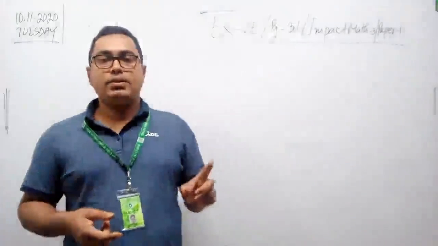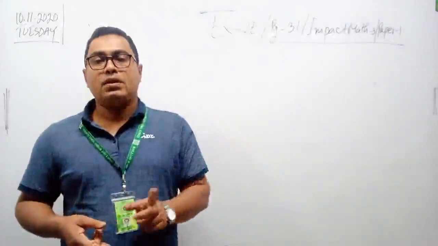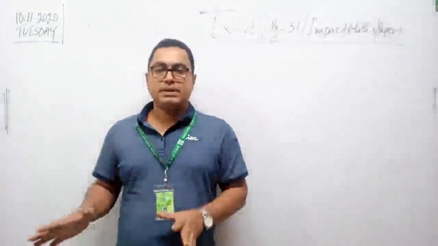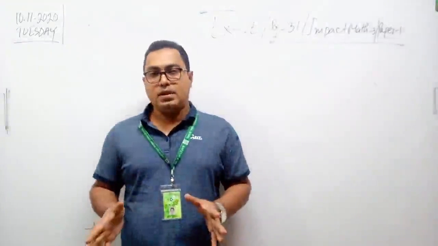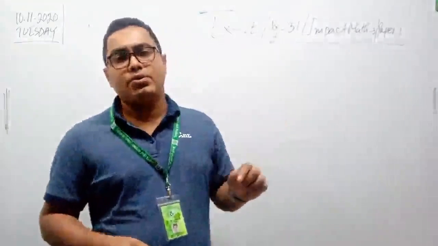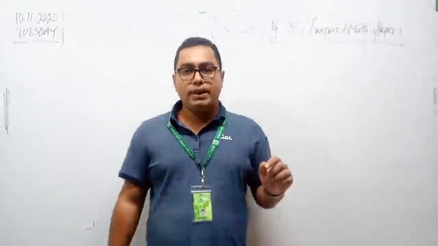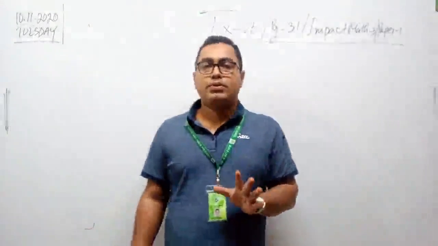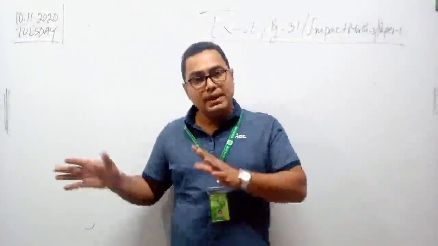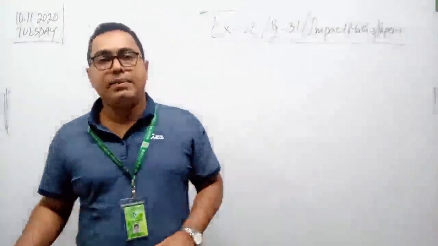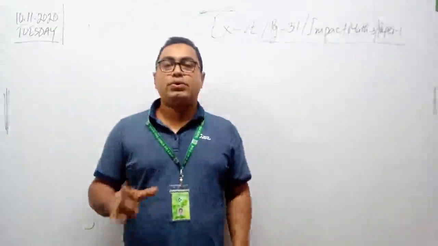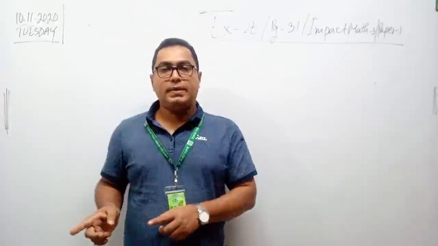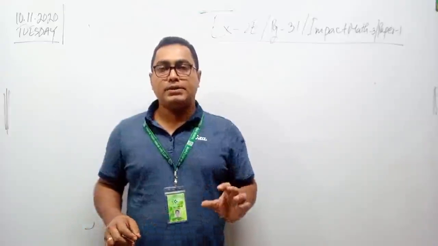They will ask you to expand the term, expand the brackets, or expand the expression like this. But in this exercise, they have given two methods to solve the expansion related math in two ways.